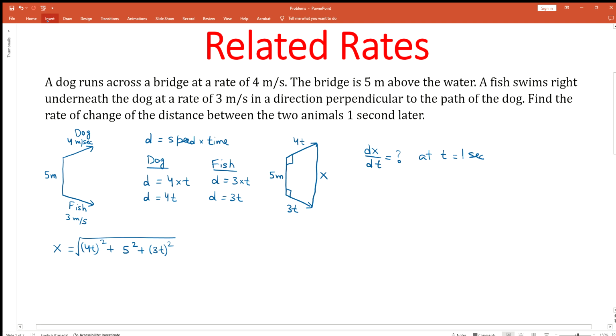Now we can simplify the expression under the square root. The square of 4t is 16t^2. 5^2 is 25. The square of 3t is 9t^2.